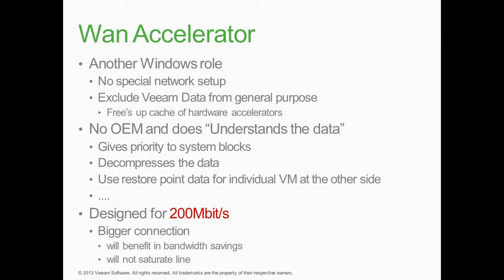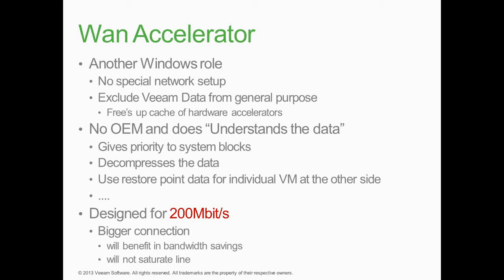Technically speaking, WAN accelerator adds a new layer in the backup infrastructure between my Veeam transport service, which is running on my source backup repository, and the Veeam transport service, which is running on the target backup repository.